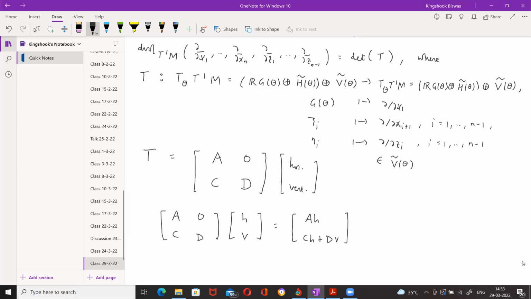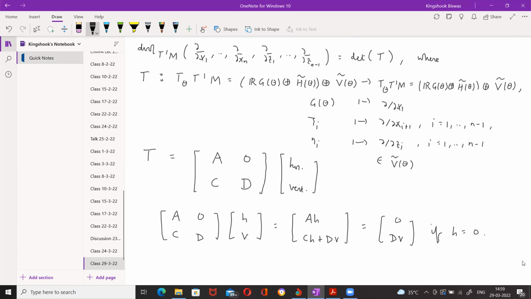So here the verticals are going to verticals, right? When H is 0, I should have just a vertical thing. So this is correct. If H is 0, then this is 0 comma DV. Does everyone agree?